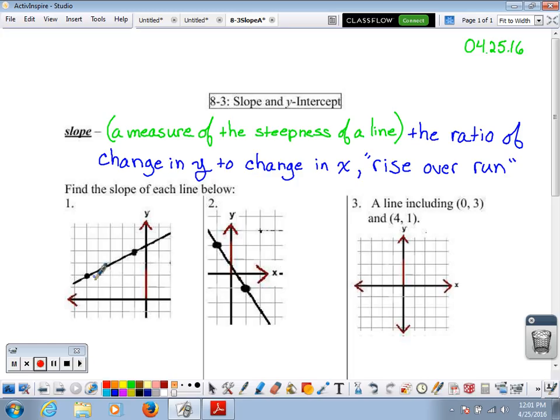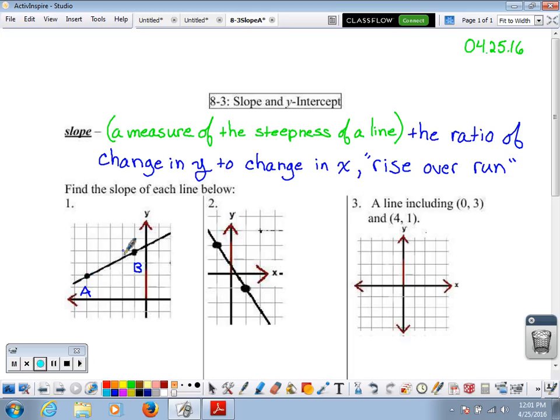So I'll start at this point, call it point A, and I want to end up at point B.